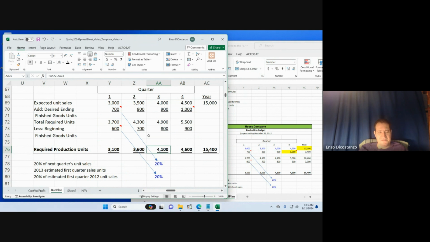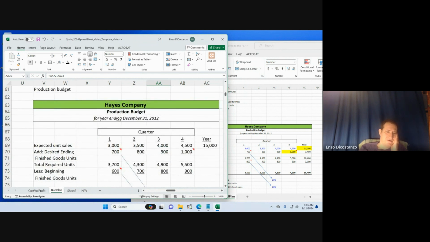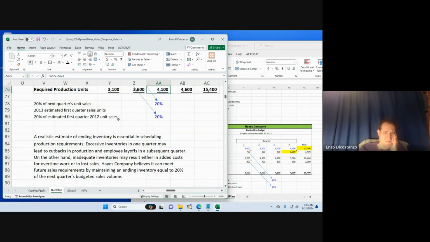Okay, and then obviously it says the required production units. It's just the difference between what you're going to sell, what you want to end with, and what you started with. So you only need to make 40. You don't need to produce 4,900 units. You need to produce 4,100 units. Okay. So that's two of the budgets now that you have some experience with.